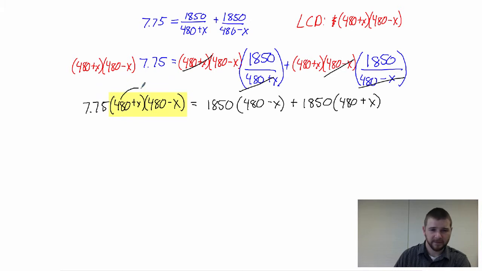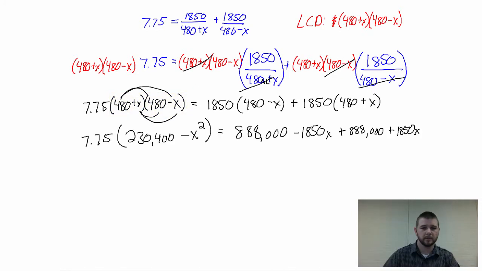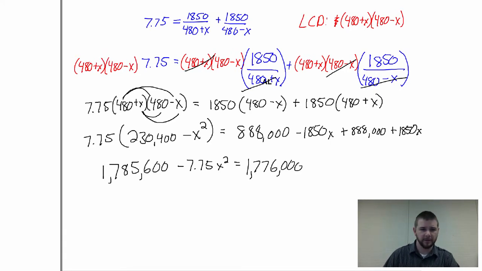Recall first, outer, inner, and last. And completing some additional multiplication, we arrive at this equation. Further multiplying by distributing the 7.75 on the left, combining like terms on the right, seeing some cancellation, we arrive at this equation. And from there it's a matter of solving for x using inverse operations.